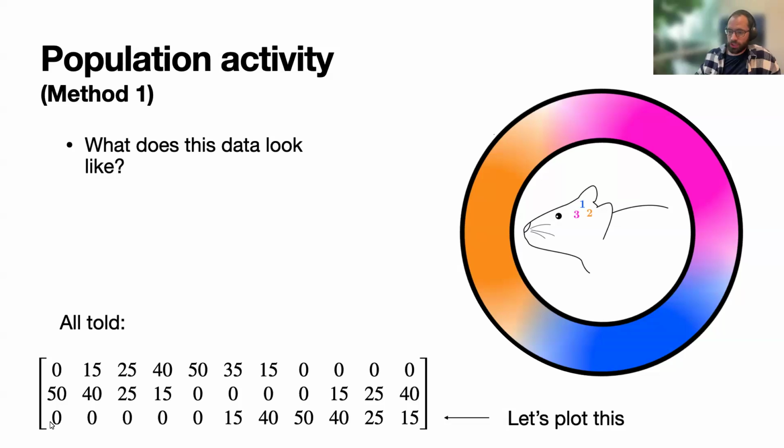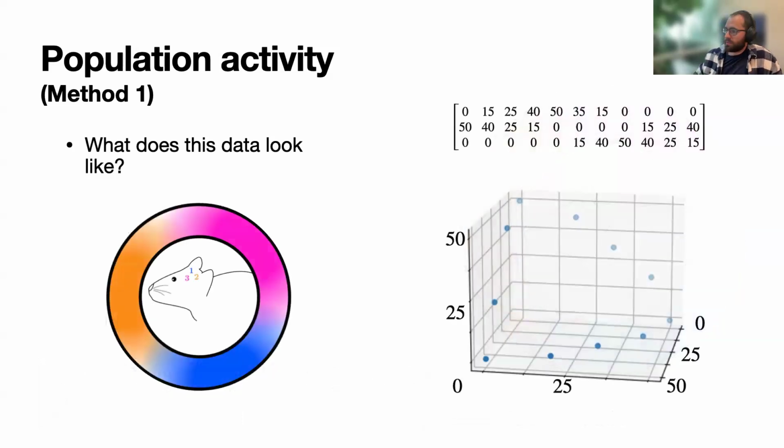I could consider each column as a column vector in R3 and plot it on an XYZ axis. And if I do, I get something that looks like this, where we see a circular kind of structure appearing, maybe more of a triangle, but topologically a circle. And so this suggests that I can decode the geometry of what's being encoded using the topology of the thing that gets represented.